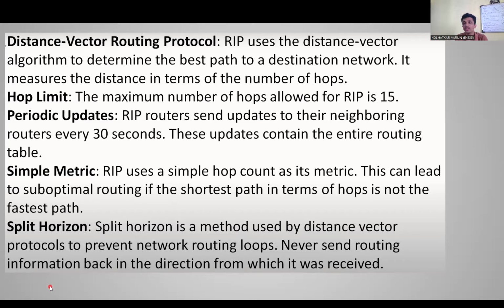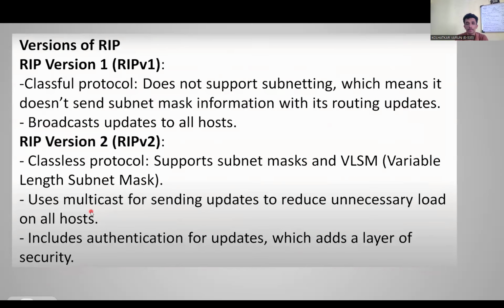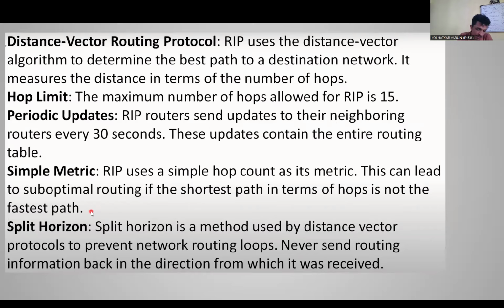The best path will be the shortest path, and the least number of hops will be involved in that. That is simply the distance vector routing. Okay, so before that, I would like to switch to the previous slide.